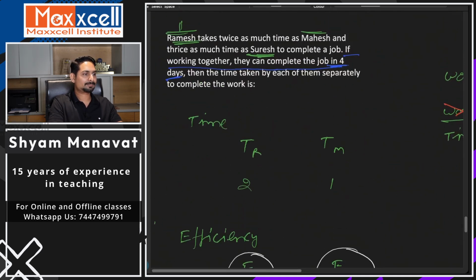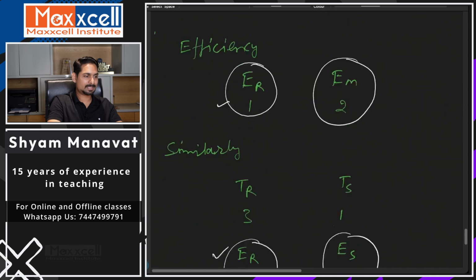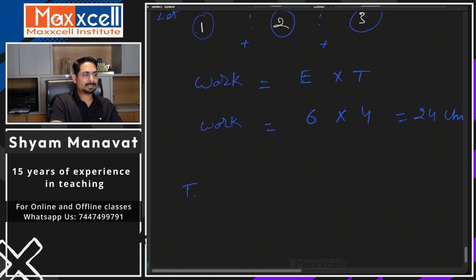Alright. Then come back to the question. Find the time taken by each one of them separately to complete the same work. Okay, 24 units. So what will be the time taken by Ramesh?